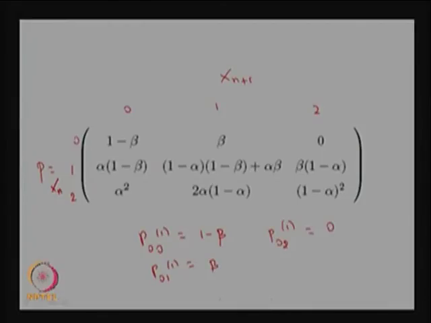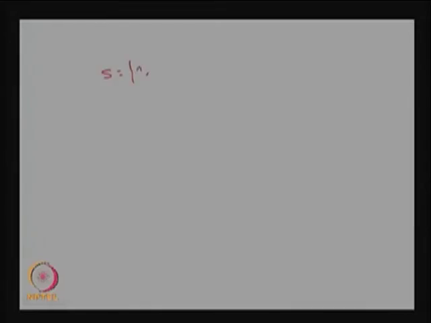The same one step transition probability matrix can be visualized with the state transition diagram. In the state transition diagram you make the state space as the vertices or nodes, and the weights of the directed arcs are nothing but the one step transition probabilities of the system moving from one state to other states.